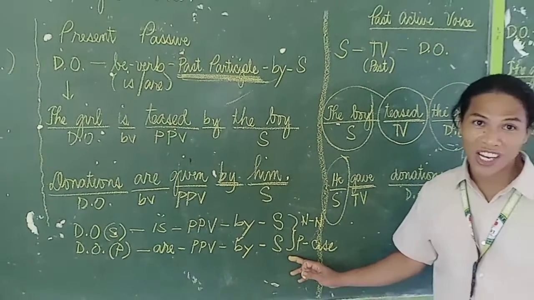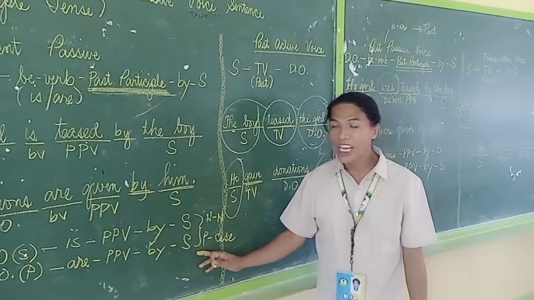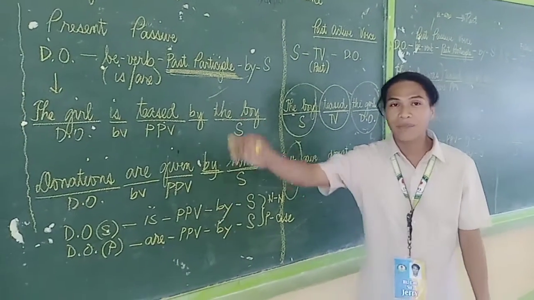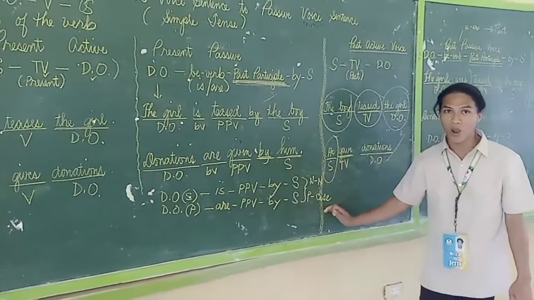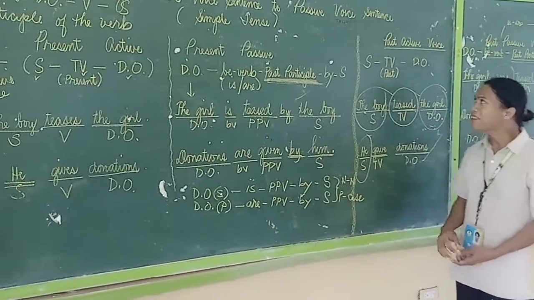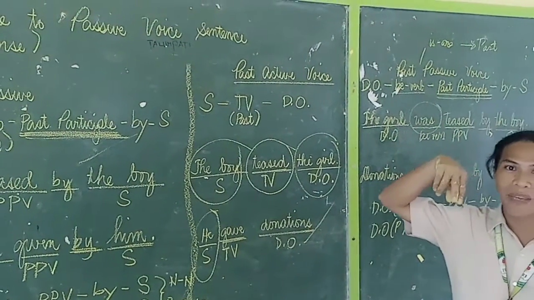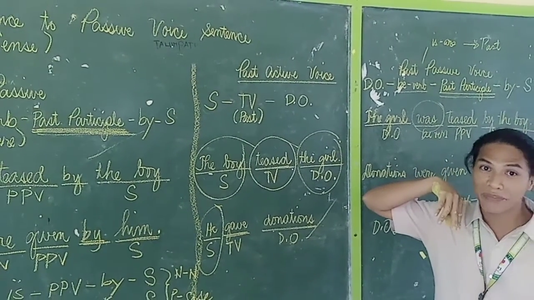Always remember the changes of the case. If your subject is a pronoun from the active voice, so from subjective case, it becomes objective case. Okay, the same concept, but you have to be careful with the changes on the be verb.